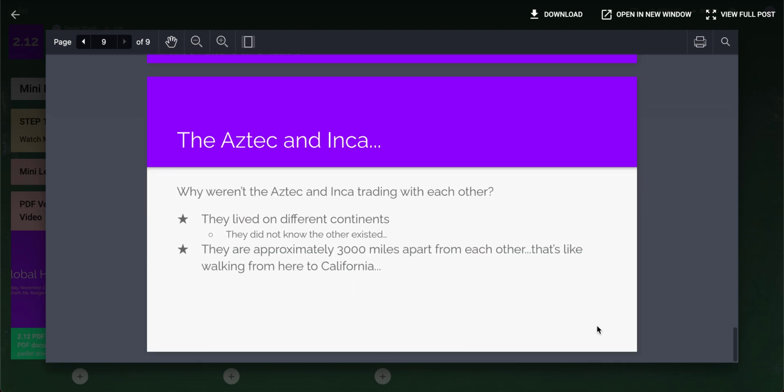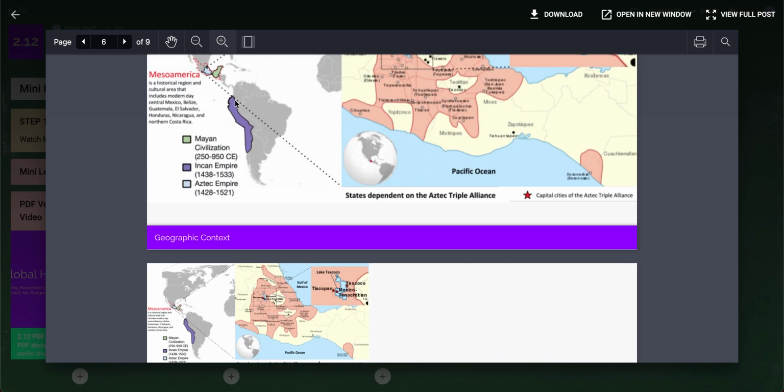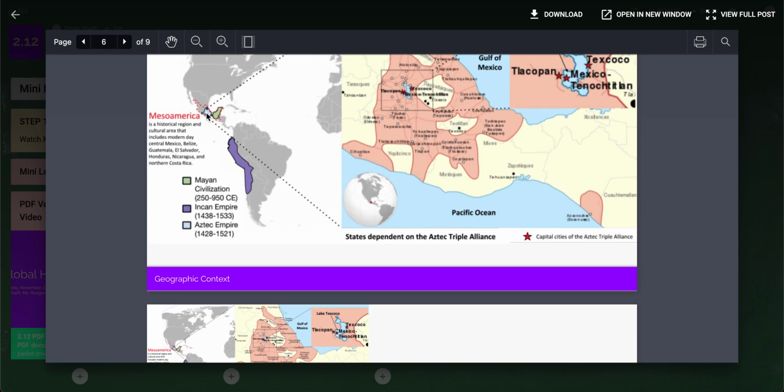And I know that this keeps coming up, but I really want to hammer this out now that we're really focusing on the Aztecs, is that the Aztec and the Inca. When we look at this map, we see the Aztecs in North America, we see the Inca in South America.